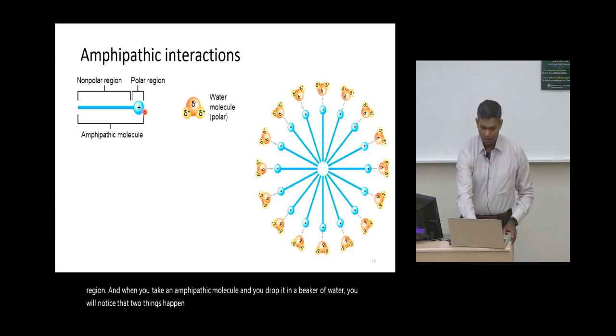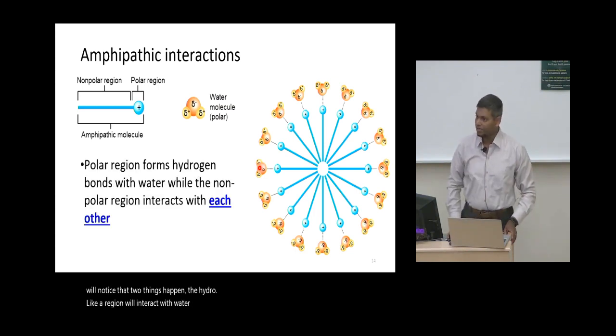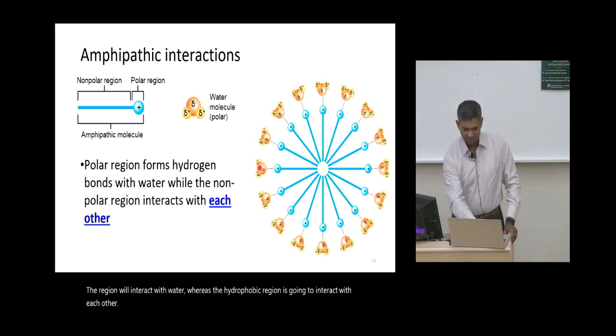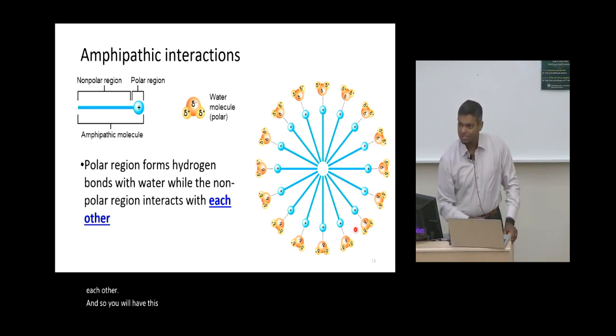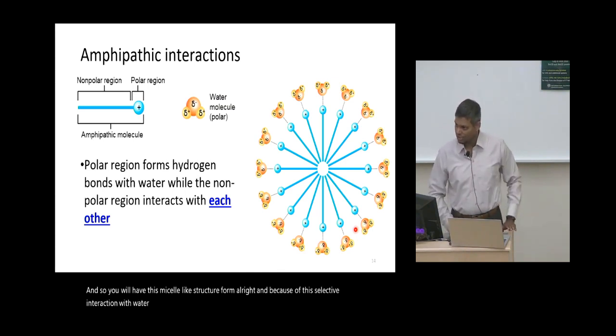The hydrophilic region will interact with water, whereas the hydrophobic regions are going to interact with each other. And so you will have this micelle-like structure formed, right? Because of this selective interaction with water and with each other, amphipathic substances can have a use in our everyday application.